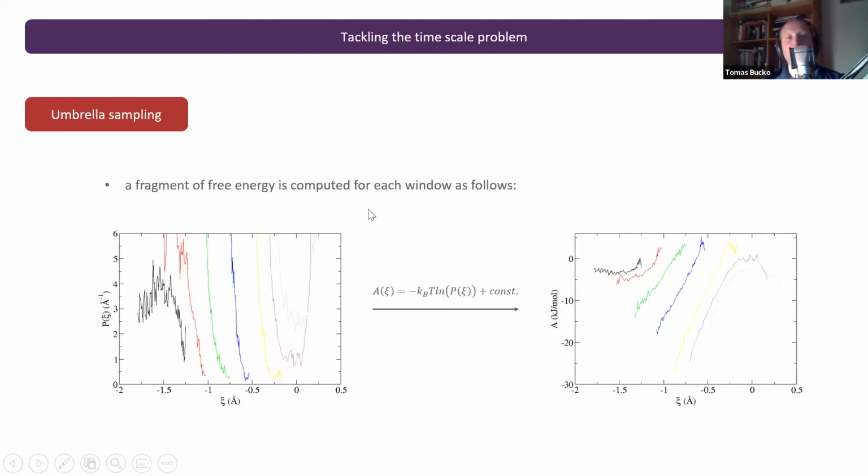And finally, we convert probability densities into free energy fragments. And now we make use of the fact that the probability densities overlapped. Therefore, also free energy fragments should overlap too. So we can match them. This is the information we can use to match these fragments.